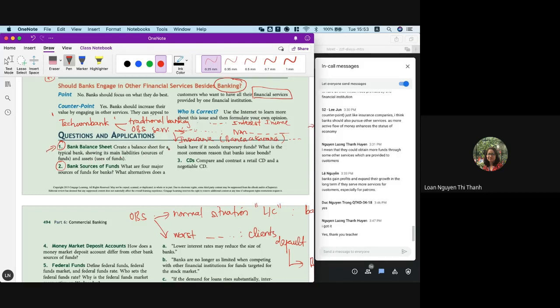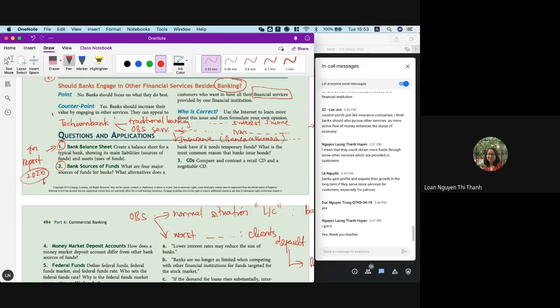You don't need to create a balance sheet. You will download the financial report of a bank, for example the 2020 consolidated balance sheet.